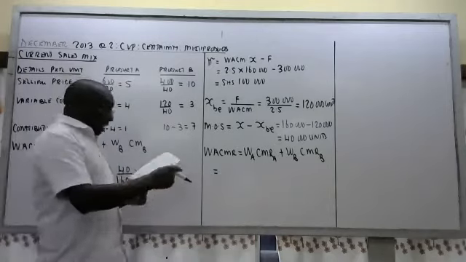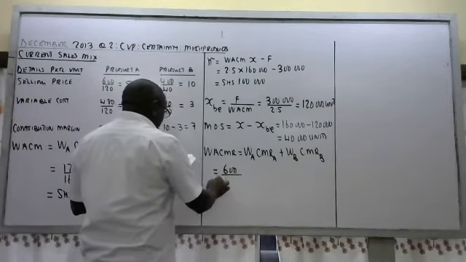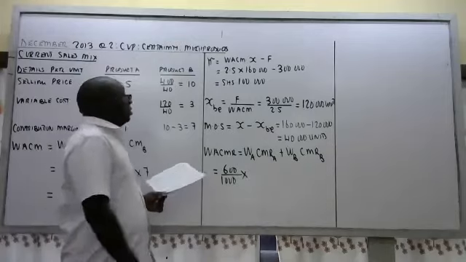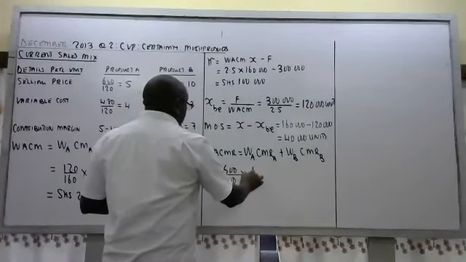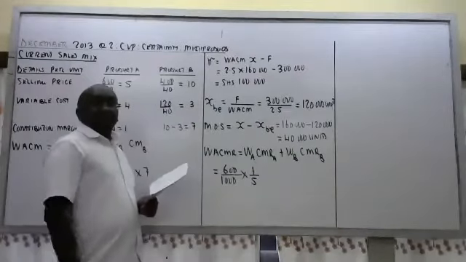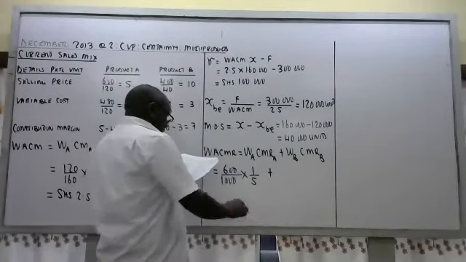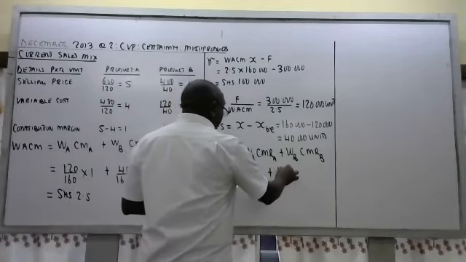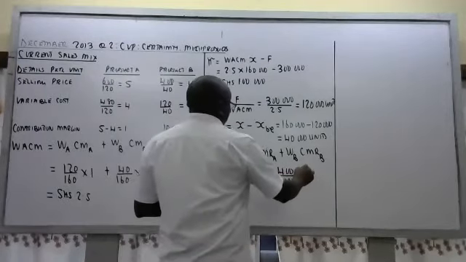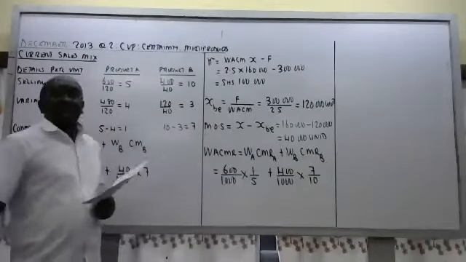So you can see the revenue is 600 out of a total of 1,000, times contribution margin ratio for A, which will be the contribution 1 divided by the selling price of 5, plus the other one will be 400 in a total of 1,000, times contribution margin of 7, you divide by the selling price of 10.